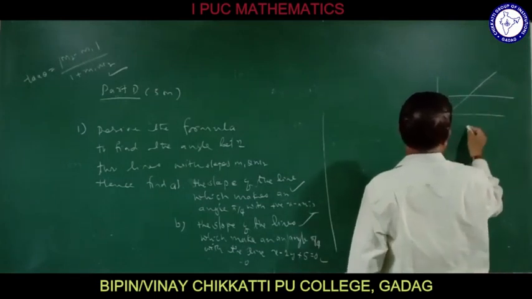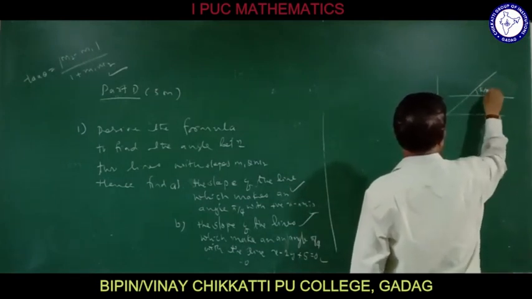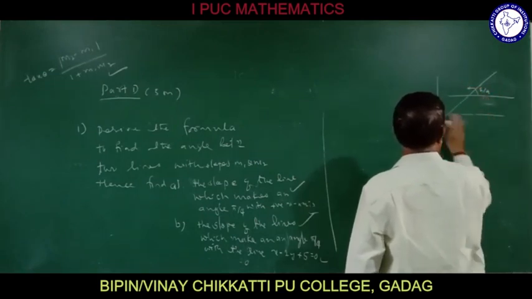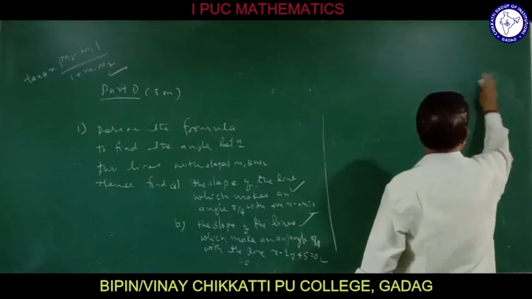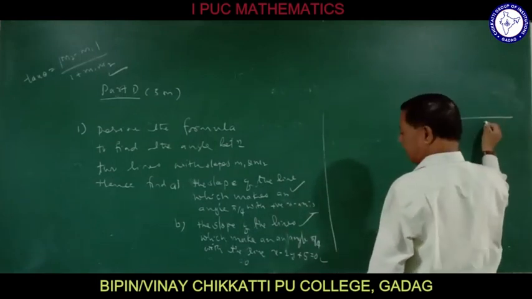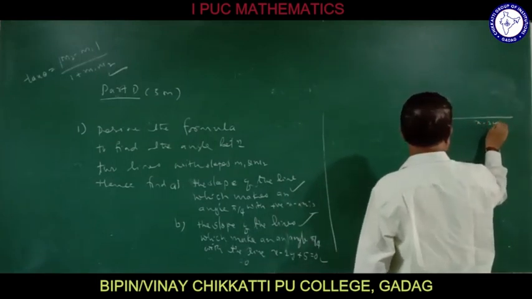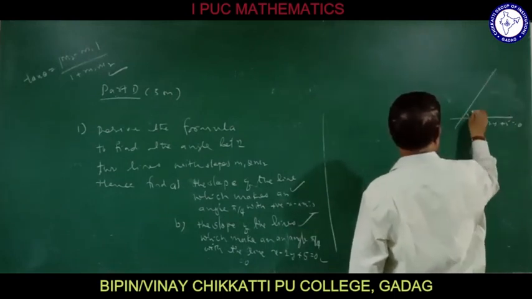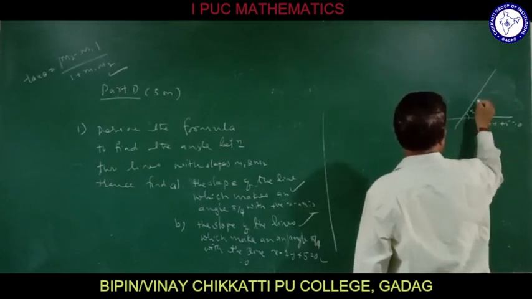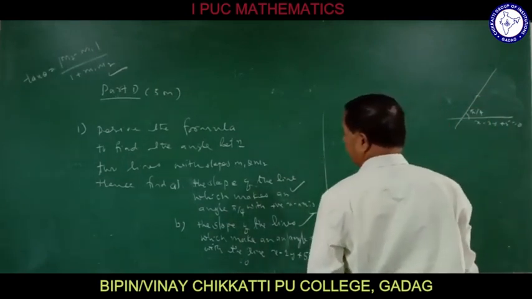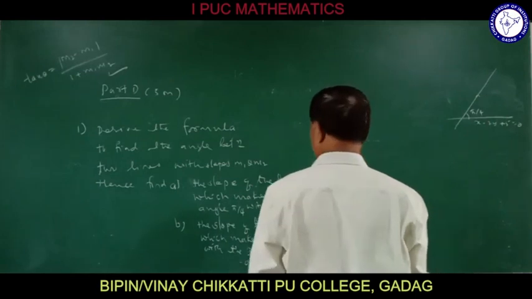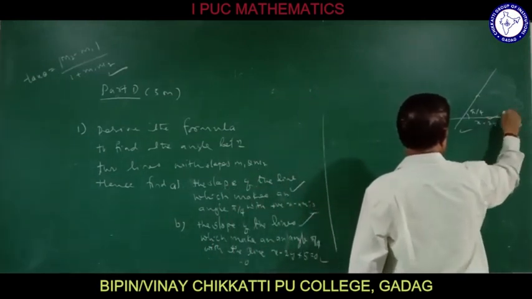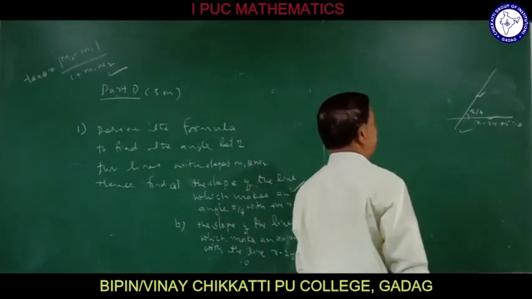This is the given line, and this is pi by 4, and this is the required line. The given line is x minus 2y plus 5 equal to 0, with pi by 4 given, and we have to find the slope of the required line. So we find the slope of this line and of the other line.